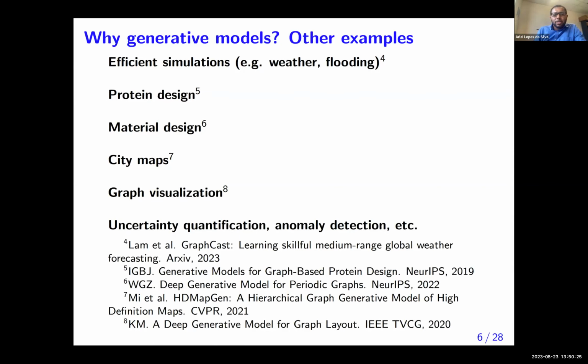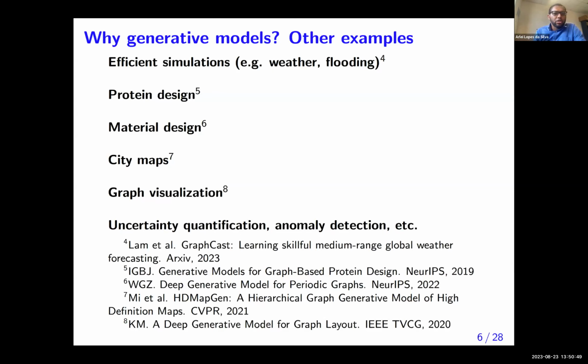You can generate city maps, right? So I have a lot of examples of maps of different cities, and I want to generate a city that looks realistic. There's work on that. Also graph visualization, right? If you have a graph and you want to understand how this graph looks, there's a lot of uncertainty or randomization in different ways that you can visualize a graph.